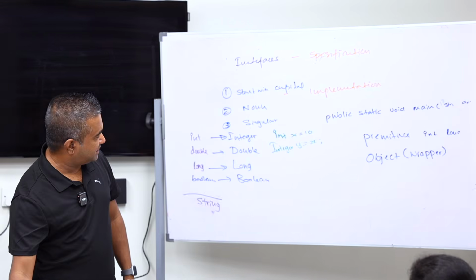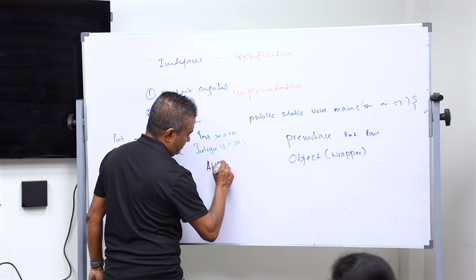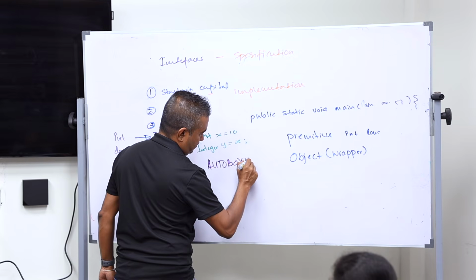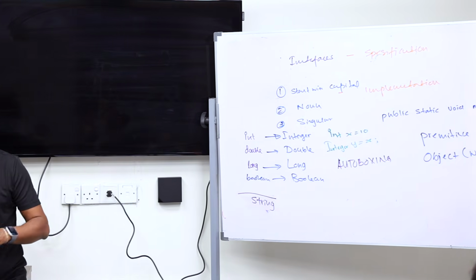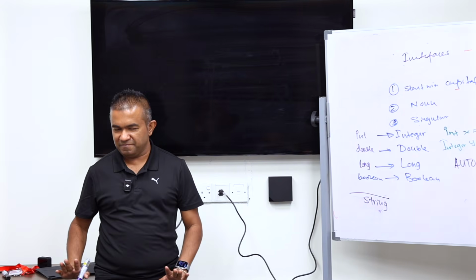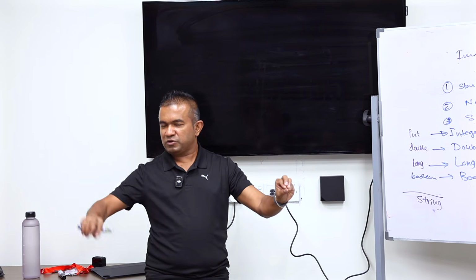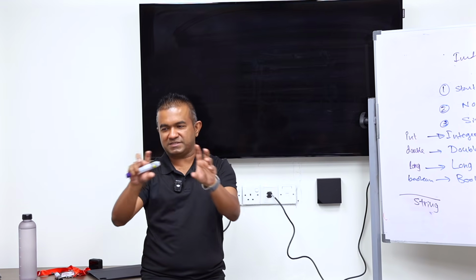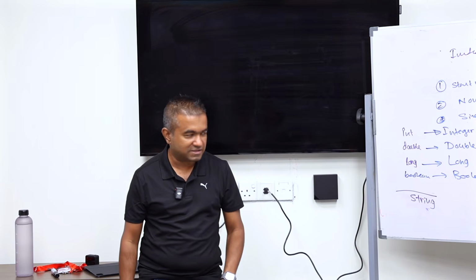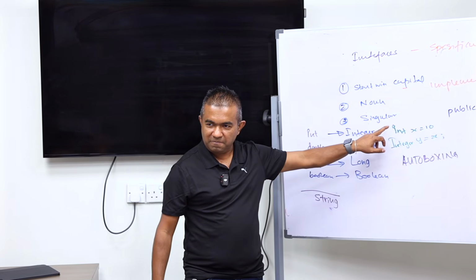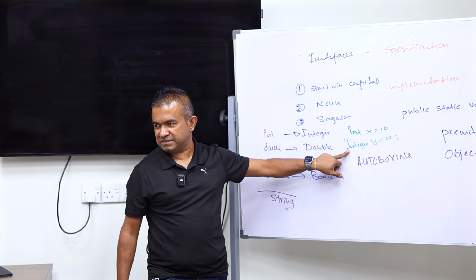This concept is called autoboxing. I will tell the wrong answer people give. People say autoboxing means when you assign a primitive type to a wrapper type, you do not need the casting. That is wrong. The correct answer is, when you assign a primitive value to its respective wrapper class.